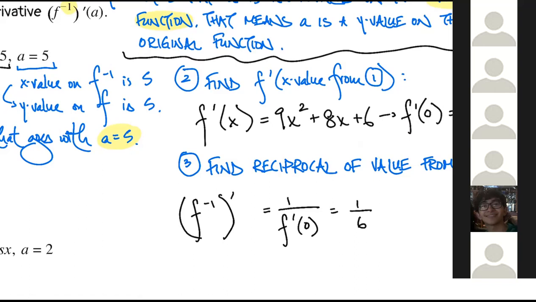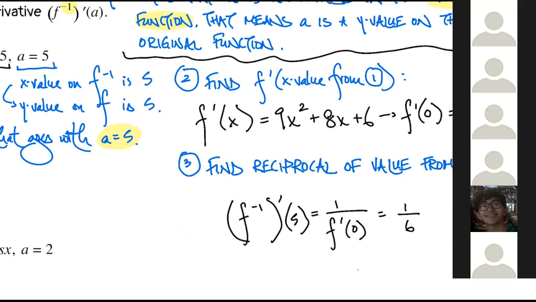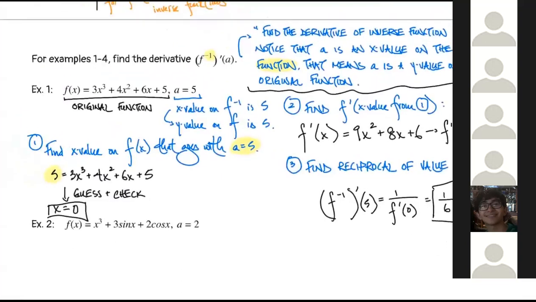So if I want to find the derivative of the inverse at 5, I'm going to do the reciprocal of the derivative at 0, and I get 1 over 6. This, my dears, is the final answer.